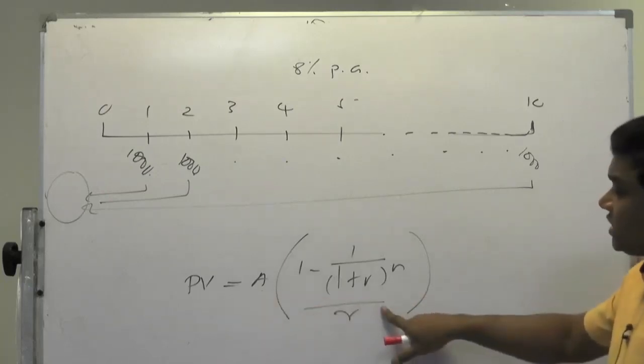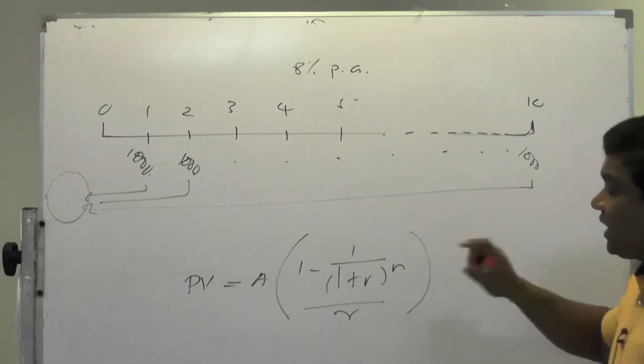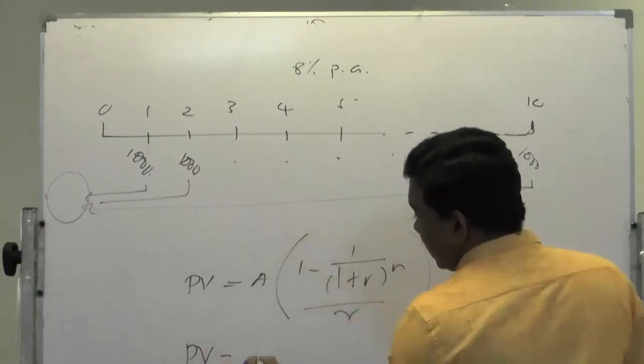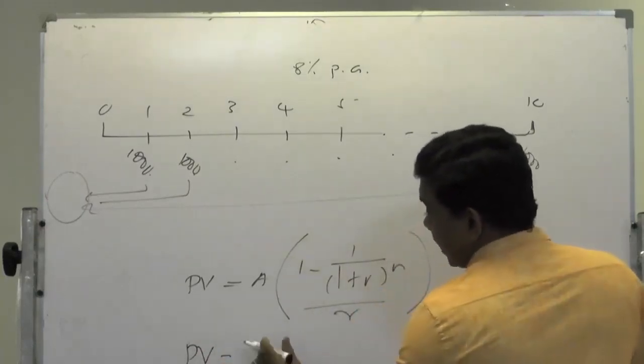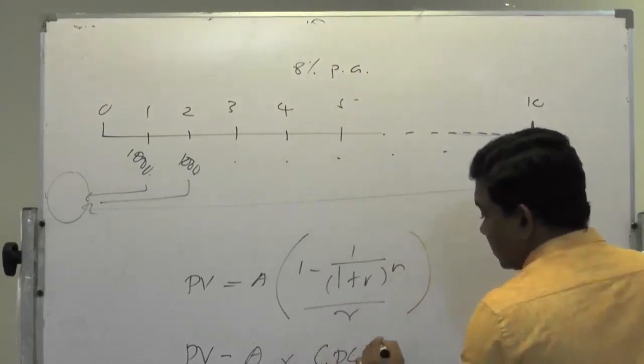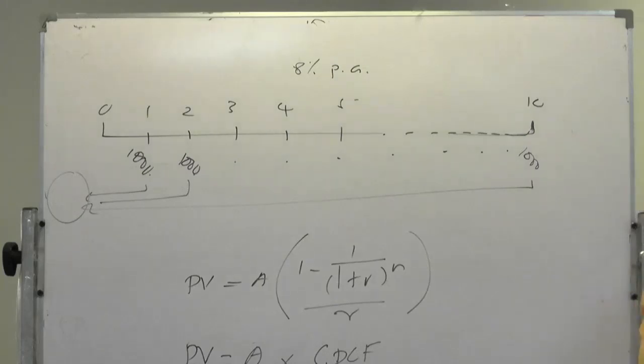What is this formula? I think you can remember this formula. This formula is called the cumulative discounting factor. Therefore, you can say present value equals installment or annuity times the cumulative discounting factor. You can find the cumulative discounting factor in our seminar series.